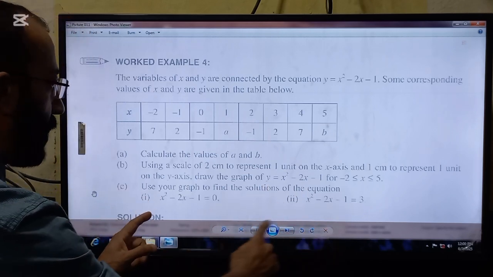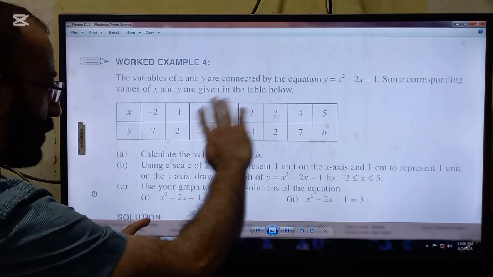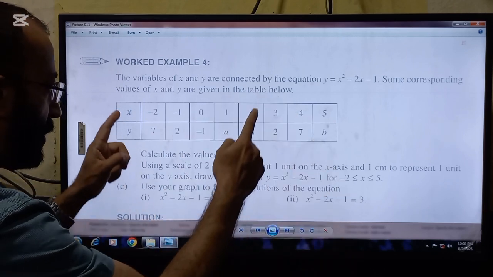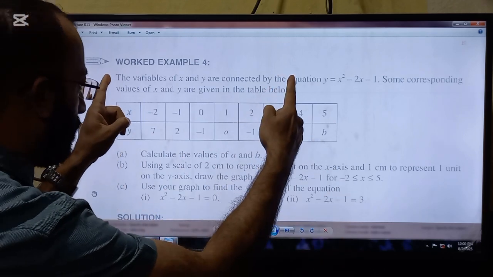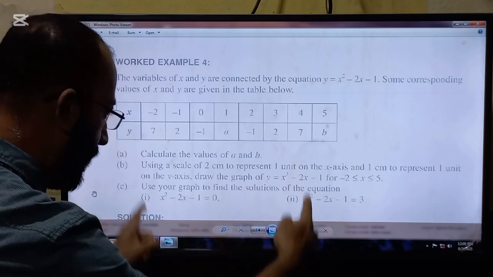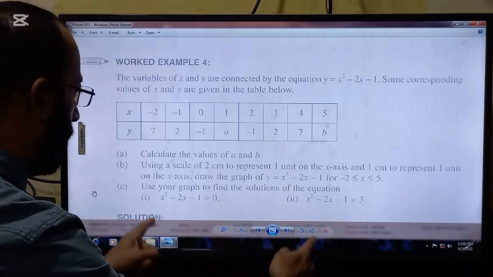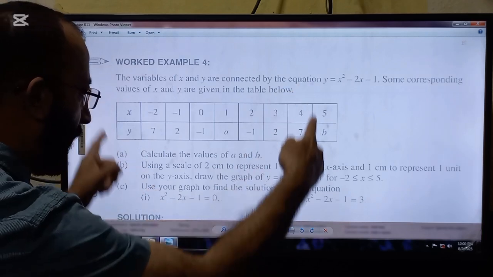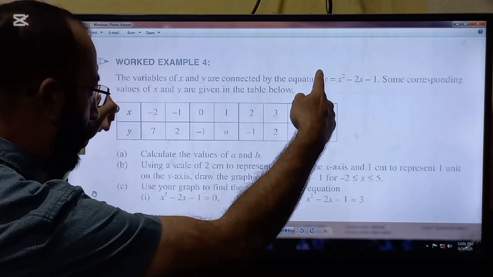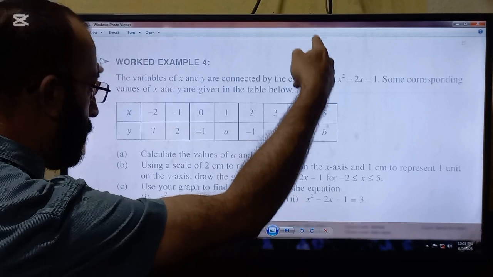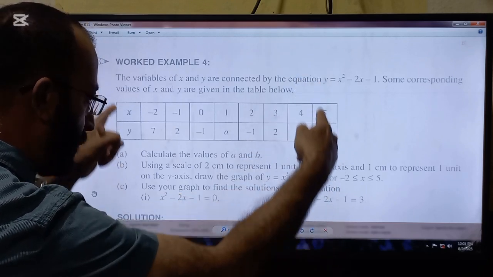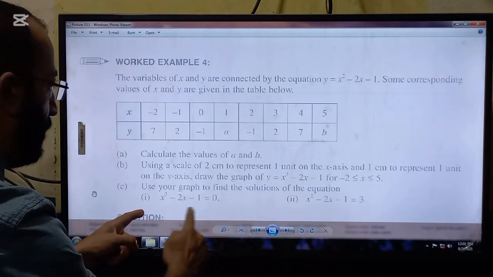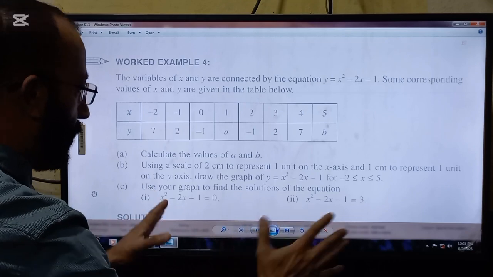So the method to solve these questions will be, after drawing the curve, we will check the points from the curve where y will be 0 at the x-axis. So we will join the points from the curve to the x-axis, and those points will be the solution. So look now.